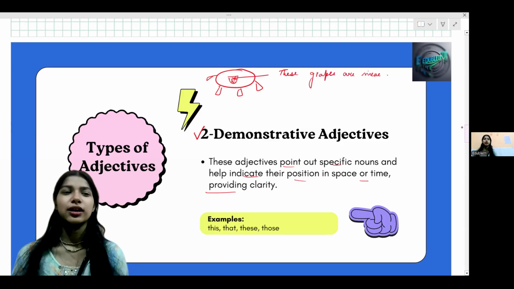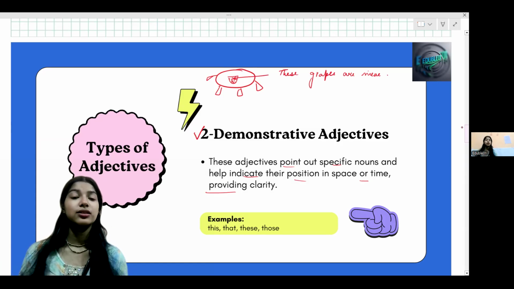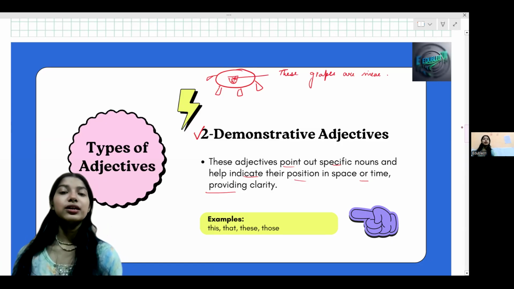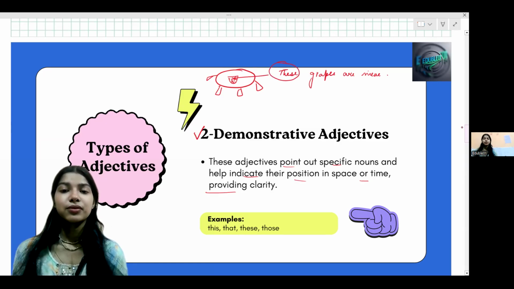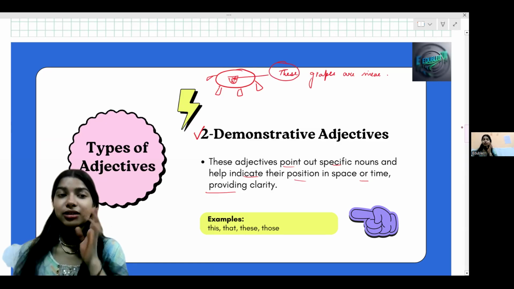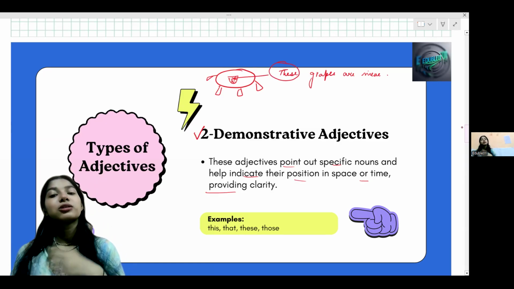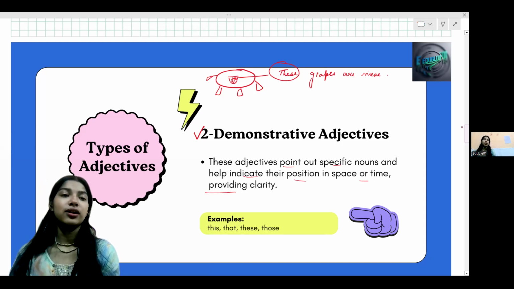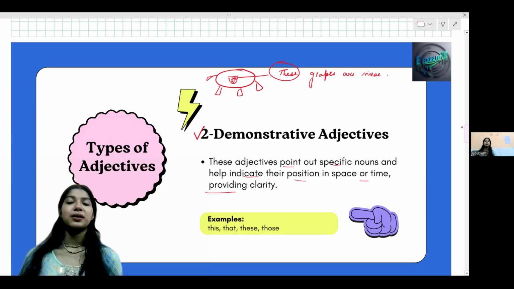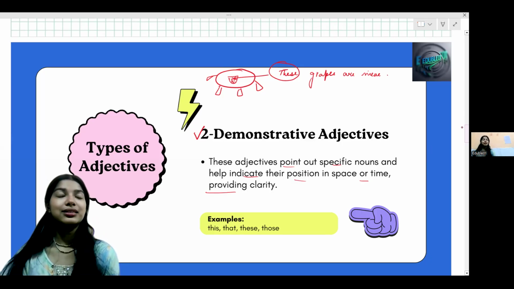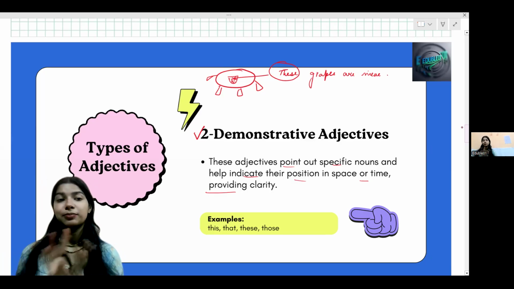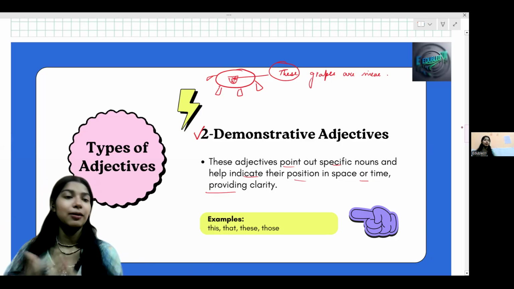If I'm pointing towards the grapes and saying, these grapes are mine, here the word these is pointing, demonstrating towards the specific noun, that is grapes. So it is pointing towards a specific noun, and we are providing the clarity that yes, these grapes are mine.